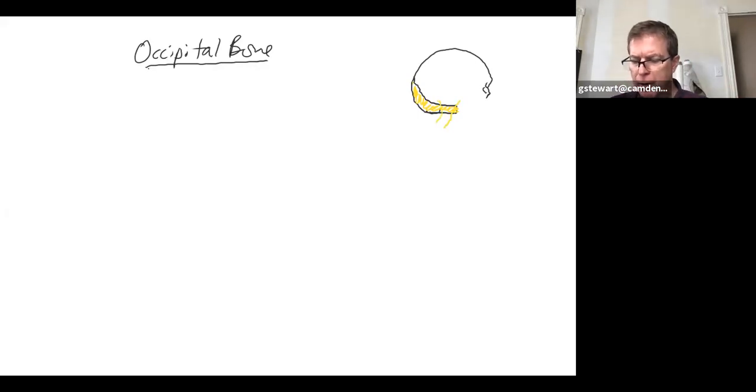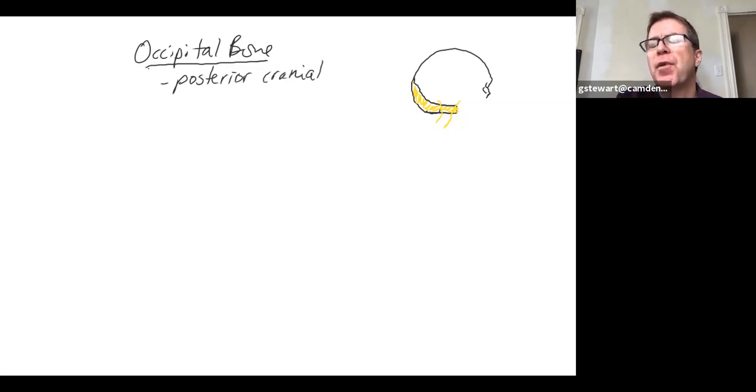Now the occipital bone, I'm going to give you some features or markings on this bone that I'd like you to know. It creates something called the posterior cranial fossa. Fossa just means depression. Think of it as a crater.